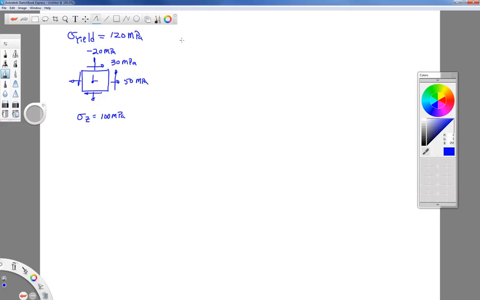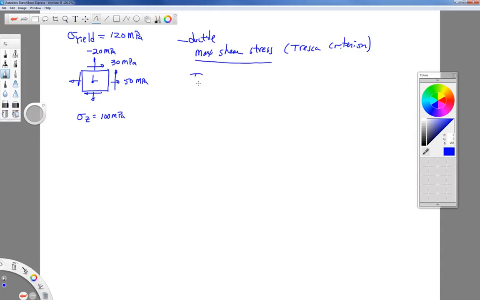So we're going to start off with ductile materials, something known as the maximum shear stress theory, or the Tresca criterion of failure for ductile materials. And in this, what we want for our stress state is to find the maximum shearing stress.